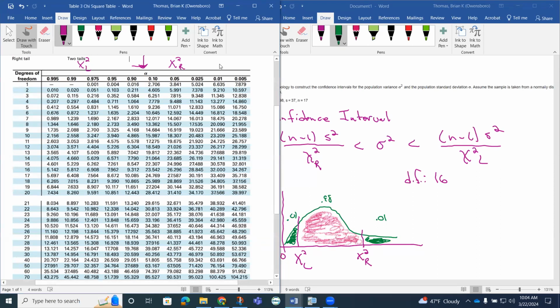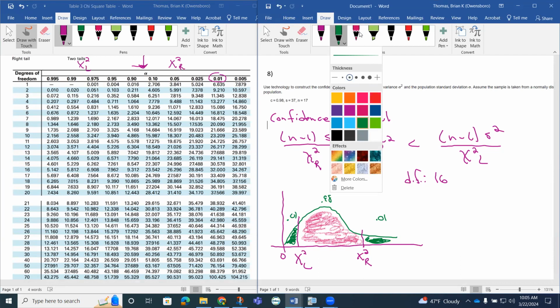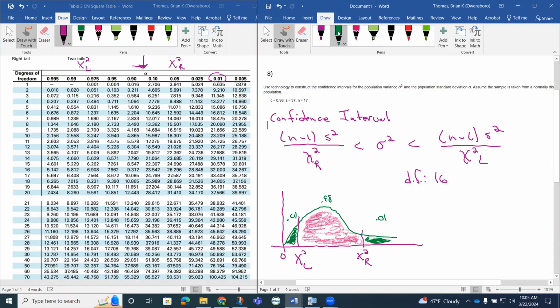Notice how the chi-squared R is this 0.01. So for chi-squared R, if we look at our table, the degrees of freedom is 16. If we come across here, we're seeing that chi-squared R is just 32.